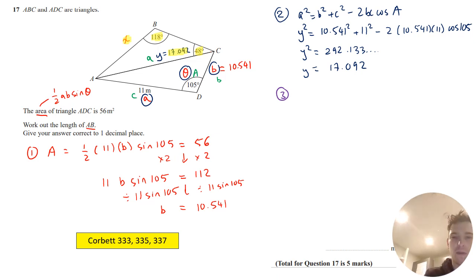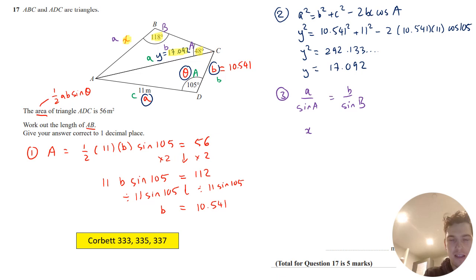My sine rule: A over sine A equals B over sine B. Let's label on those things. This is going to be A, big A, that 48. This side Y I'm going to call B. And angle B is 118.